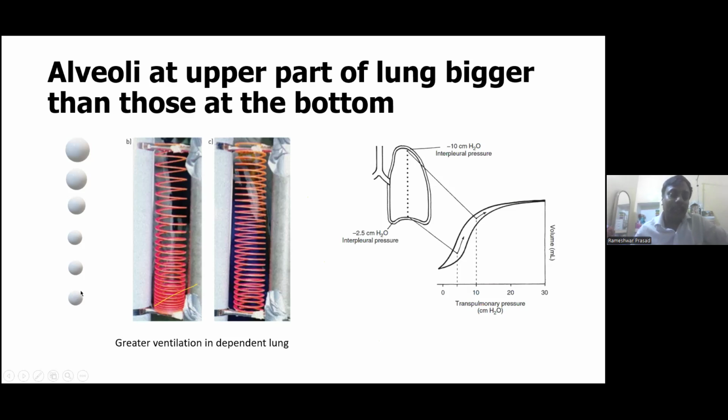They will ventilate well. In the upper part of the lung, alveoli have less compliance, and on giving pressure or PIP, they will stretch less. So ventilation will be more in the dependent part, less in the non-dependent part.